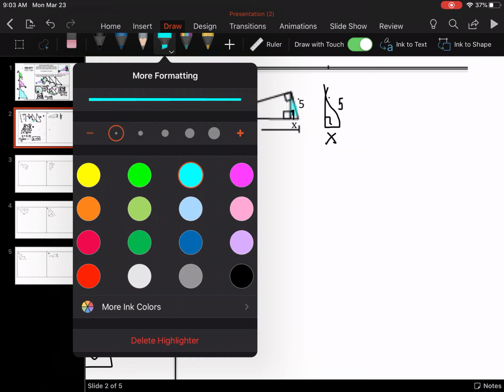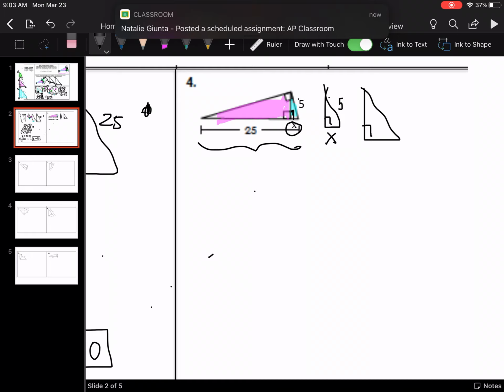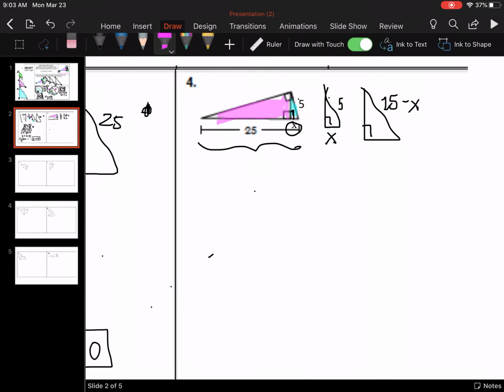Alright, medium triangle. Right here. So really that medium triangle, well, if this whole thing is 25 and a piece of it is x, the hypotenuse is actually going to be 25 minus x, but I don't think we're going to have to use that.